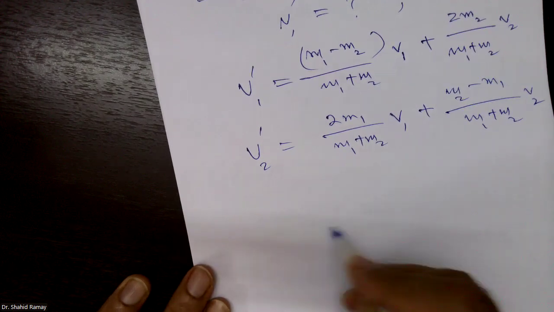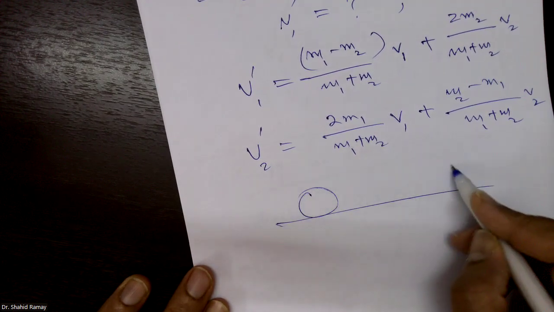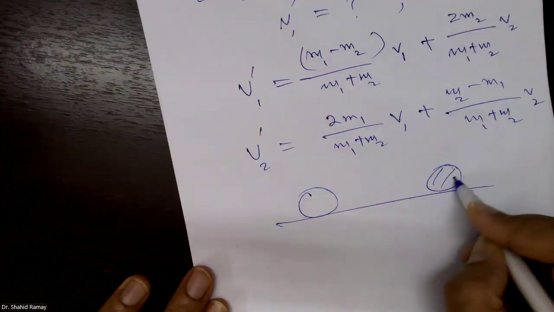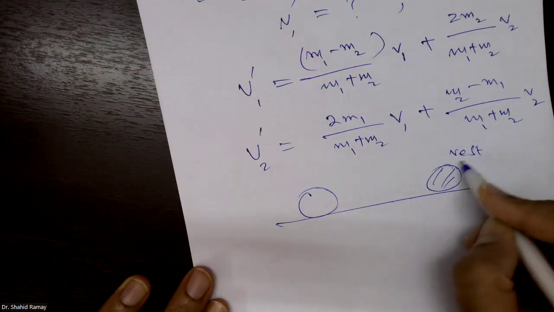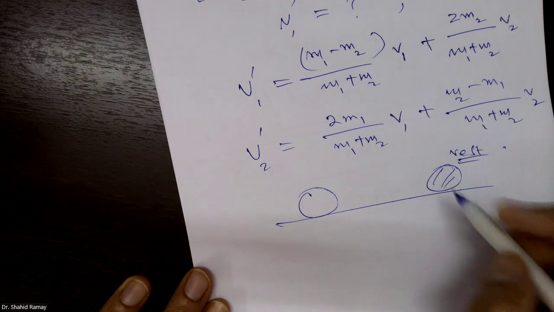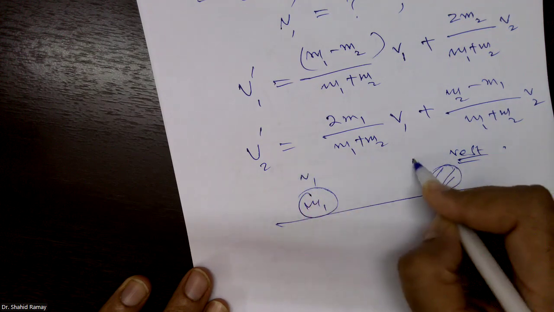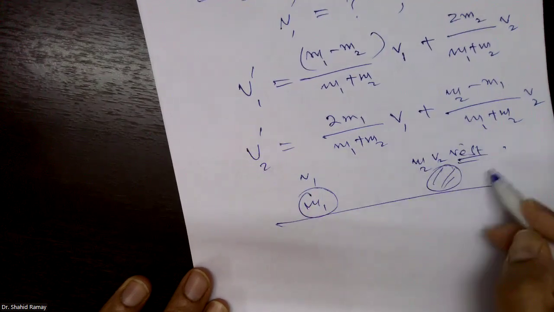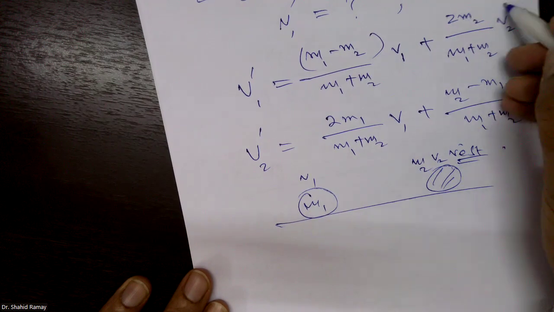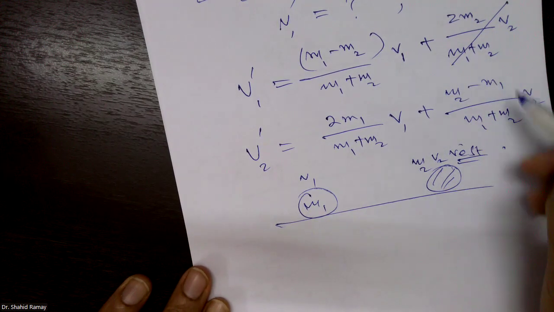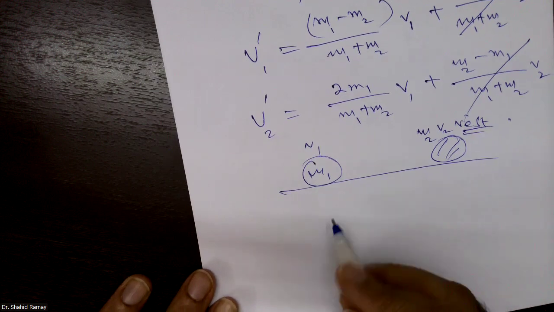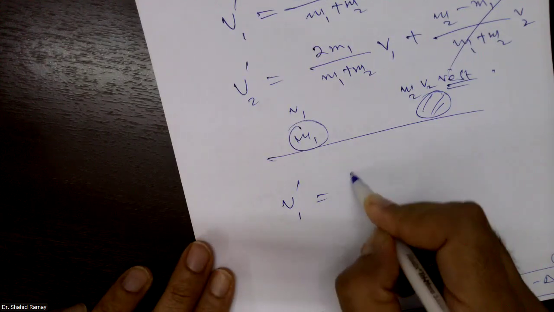But here, if one block is moving and the other block is at rest, it means V2 is 0. If V2 is 0, then this term will be 0 and this term will also be 0. So V1 dash is equal to what?